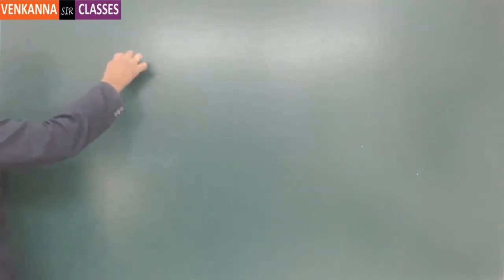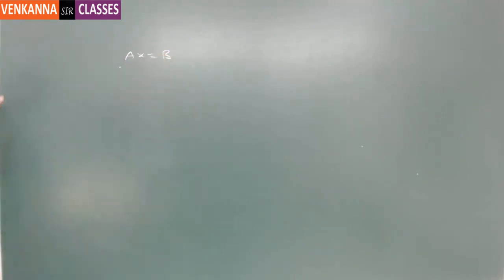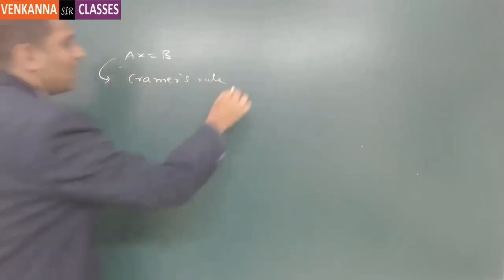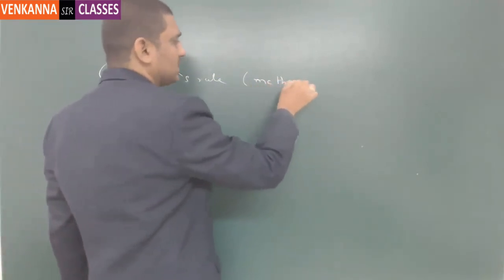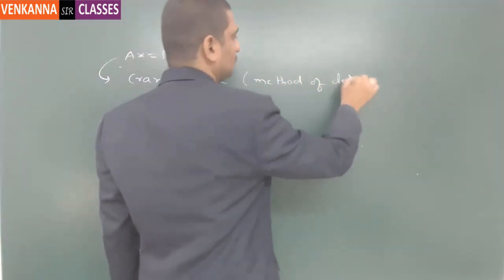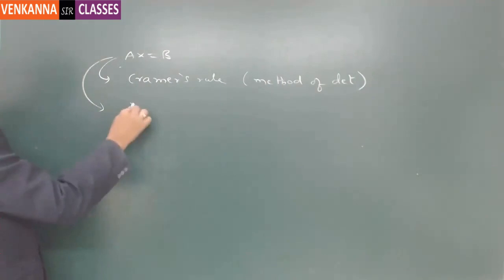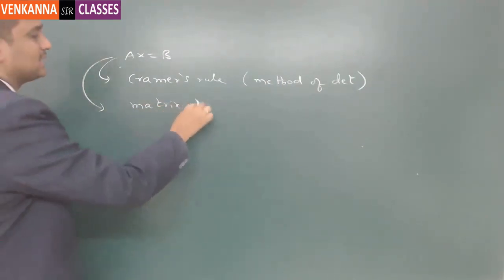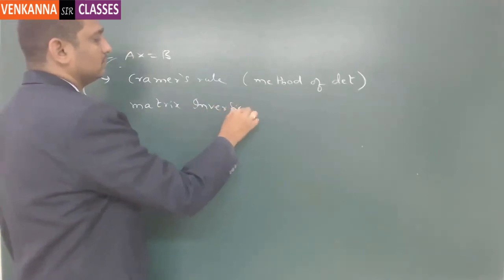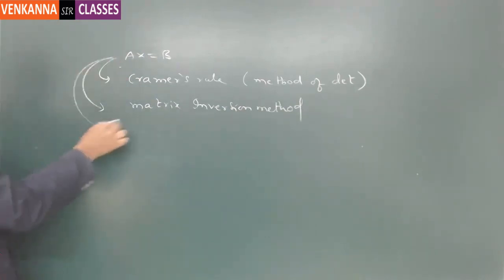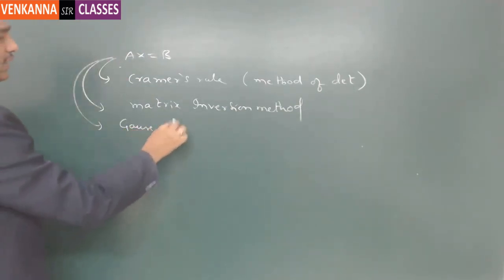So whenever a system of linear equations in the non-homogeneous form is given, the respective methods to solve are: first, Cramer's rule, also known as method of determinants; secondly, matrix inversion method; and third, Gauss elimination method.